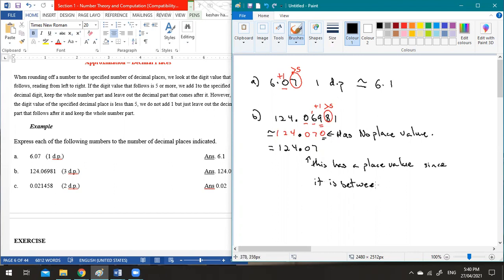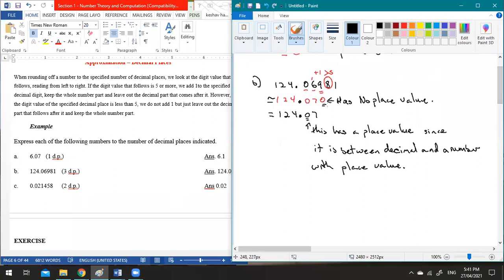So this 0 has a place value since it's between the decimal point and a number with a place value, right? So I don't know which one you can erase and which one you can't. So you can just erase the ones that have no place value.